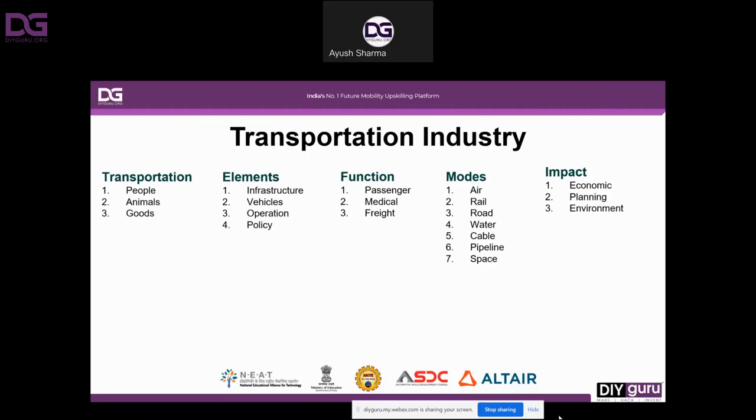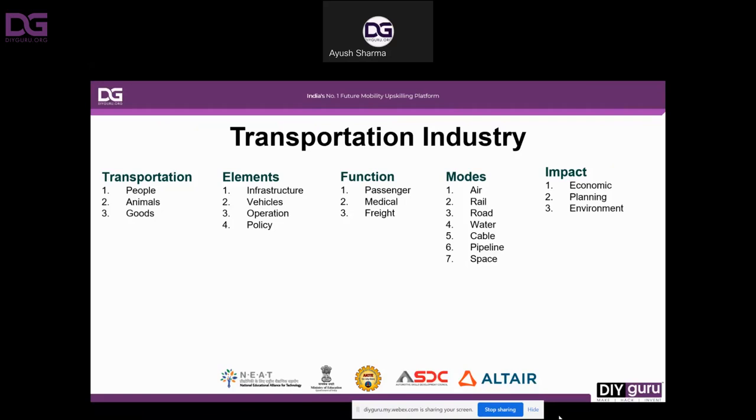We are using transportation for human beings, for animals, and for transporting goods. So it depends on the article that we are transporting.